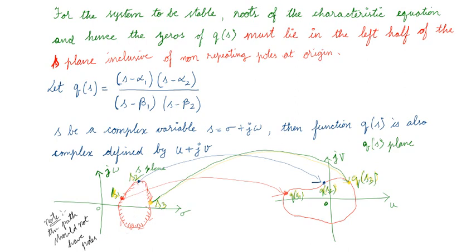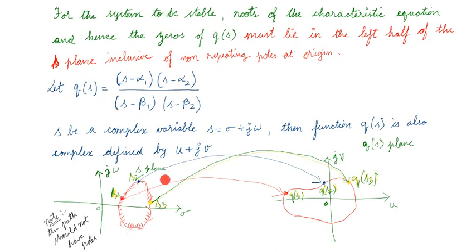I am assuming some points s1, s2, s3. These are points in the s plane, where the real axis is sigma and the imaginary axis is j omega. For each point in the s plane, there will be a corresponding point in the qs plane. Let this point be 2 plus j1, this point 3 plus j2, and this point 4 plus j1. I put some values of s, and the result will be complex, so I equate the real part to u and the imaginary part to v.